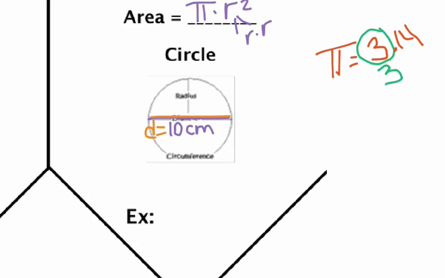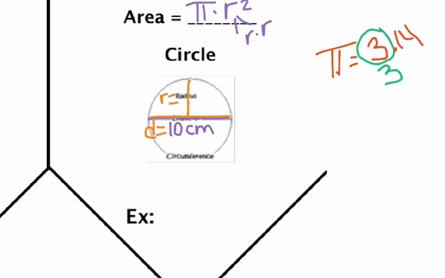We don't want D, we want R. And if we look, diameter all the way across, well, it's the same distance from the middle of the circle to the outside, all the way around. So it wouldn't matter where we draw a radius, all these radiuses would be exactly the same. So we'll just go ahead and use the line that they have represented. We need to figure out what that radius is.